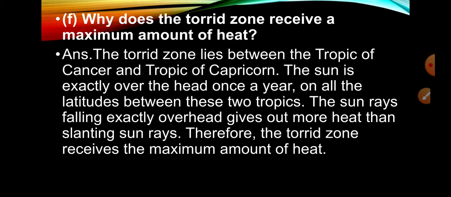Which are the two tropics? Tropic of Cancer and Tropic of Capricorn. Once in a year the sun is exactly over the head. Then what happens? The sun rays falling exactly overhead give out more heat than slanting sun rays. Therefore the torrid zone receives the maximum amount of heat.